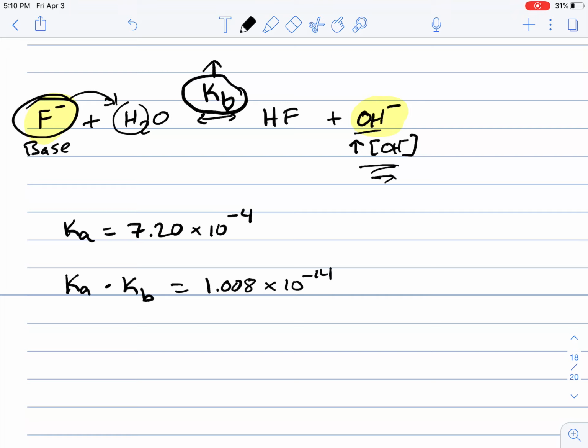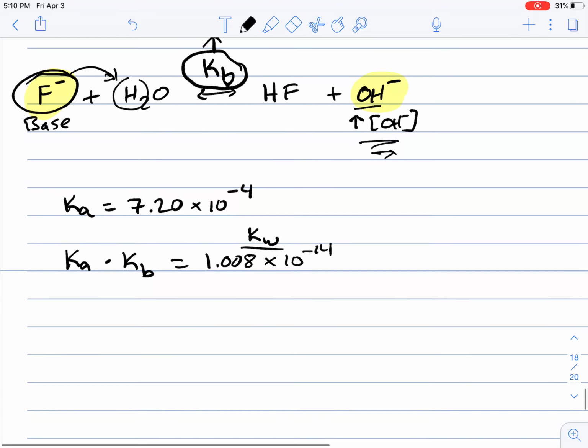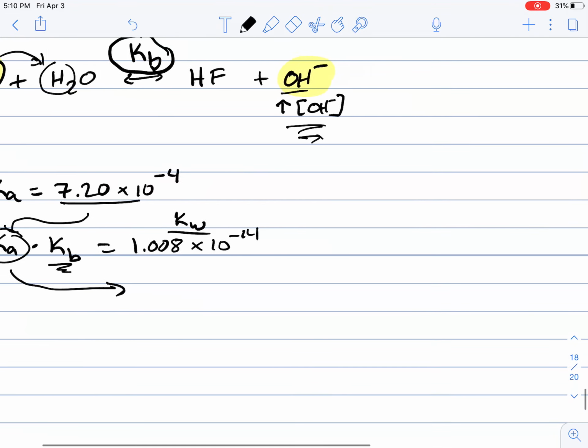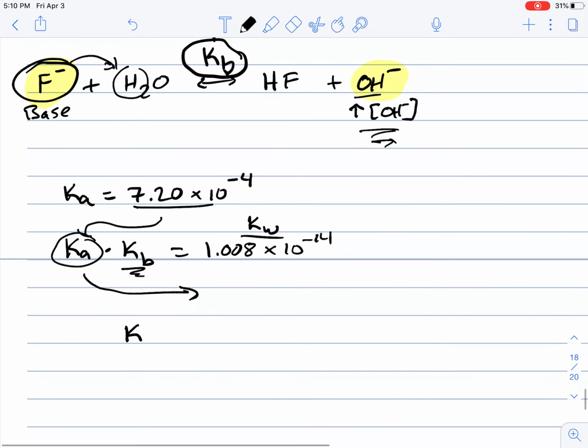We're going to assume that we're at 25 degrees Celsius, and this is going to represent Kw. And so we're going to plug this number into Ka, and to solve for Kb, we're just going to divide it to the other side, so that we get a Kb value of 1.008 times 10 to the negative 14.